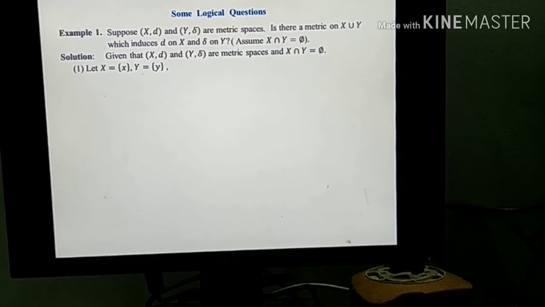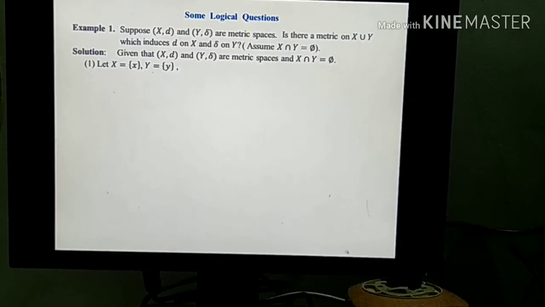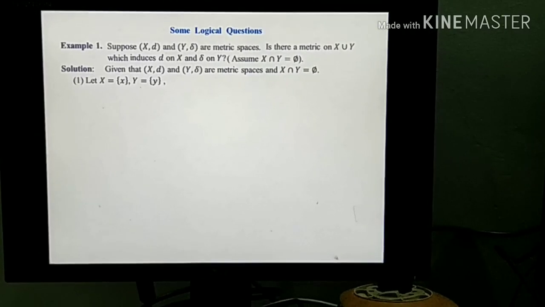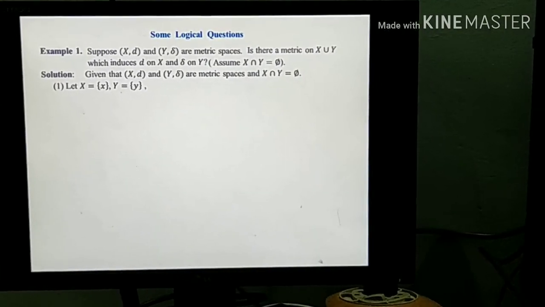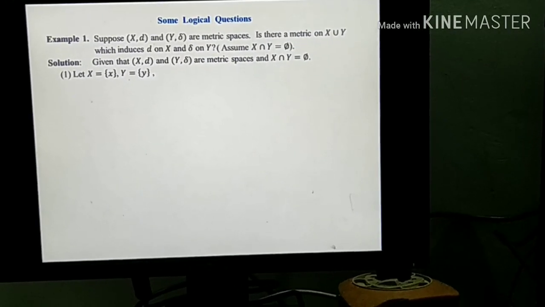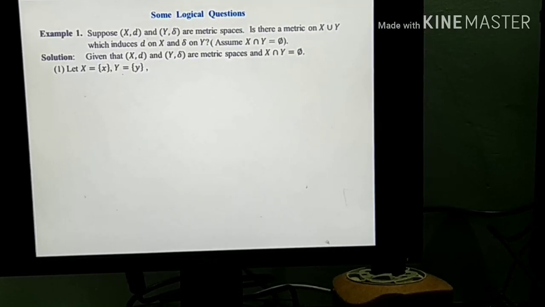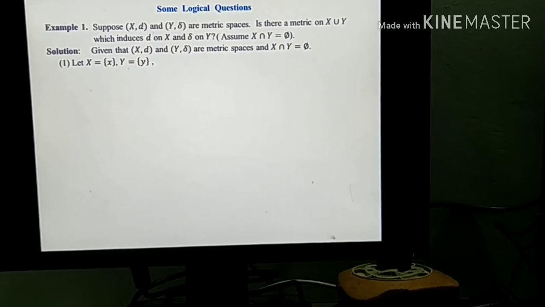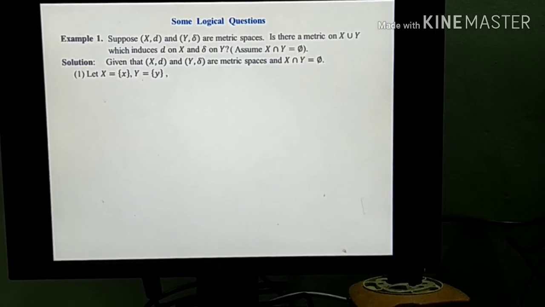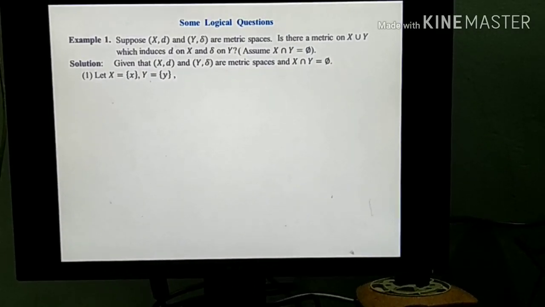When we define some function on X union Y cross X union Y, we will get three types of ordered pairs: pairs containing elements belonging to X only, pairs containing elements belonging to Y only, and pairs containing elements belonging to both X and Y. That means the ordered pair (x, y) or (y, x) also.